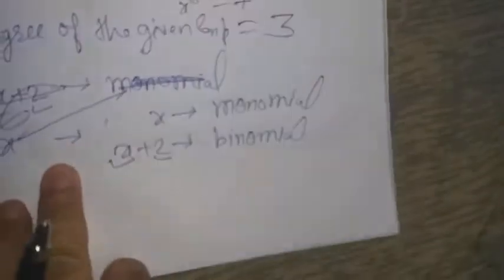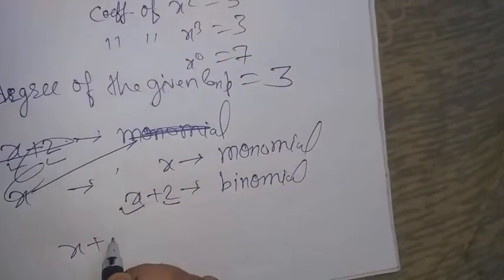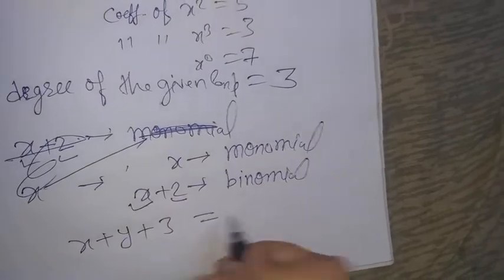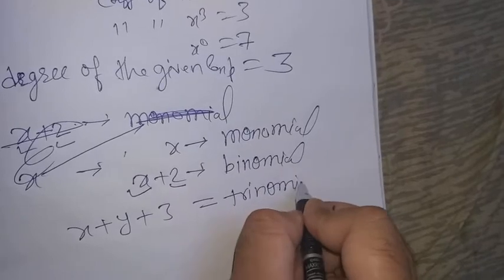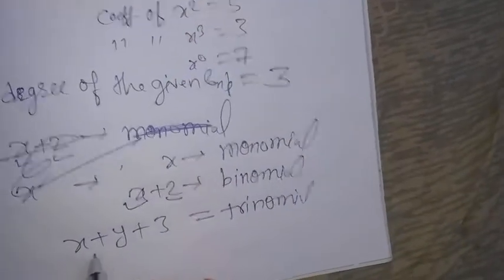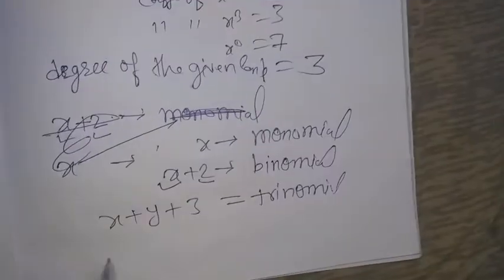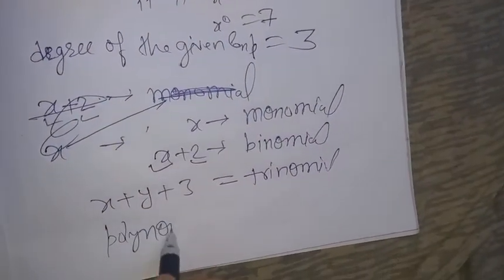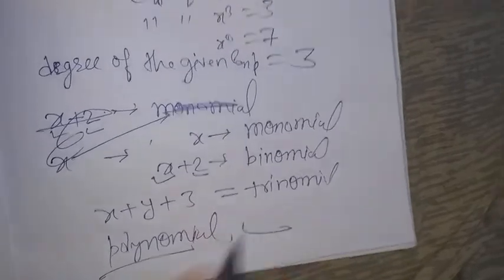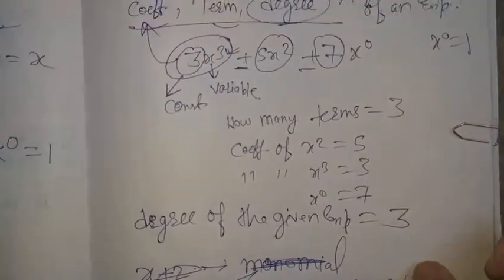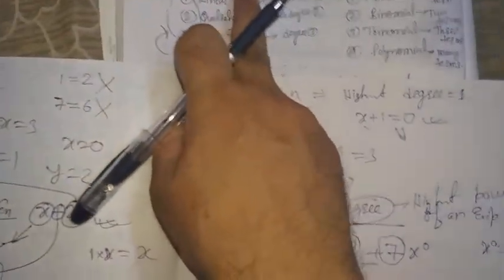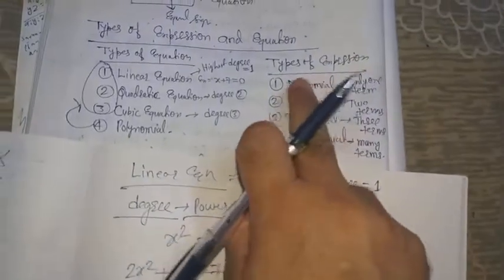When there are three terms, like x plus y plus 3, it is called a trinomial. And when many terms are there, it is called a polynomial. Poly means many.